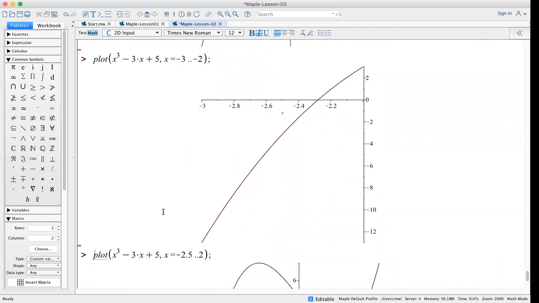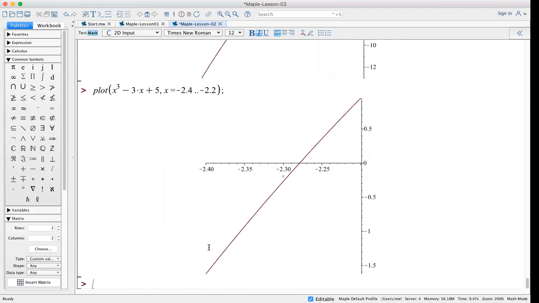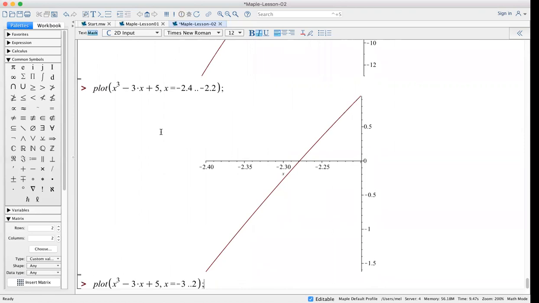So let me try and get a little bit more precisely. I'll graph it from -2.4 to -2.2. So that same point, it's between -2.3 and -2.25. Maybe I'll graph it again from -2.29 to -2.27.